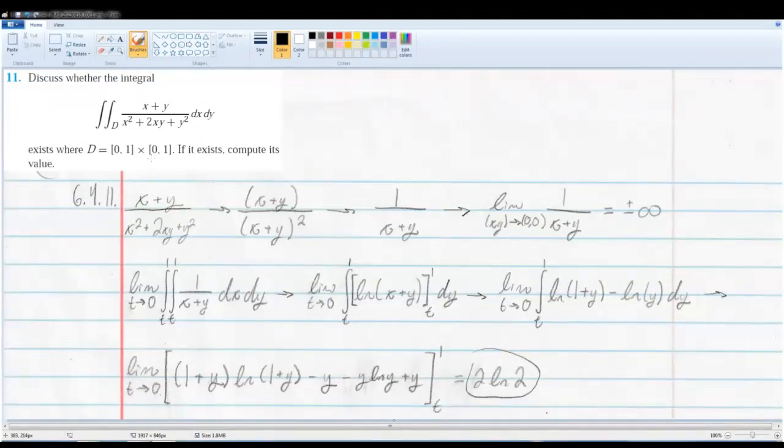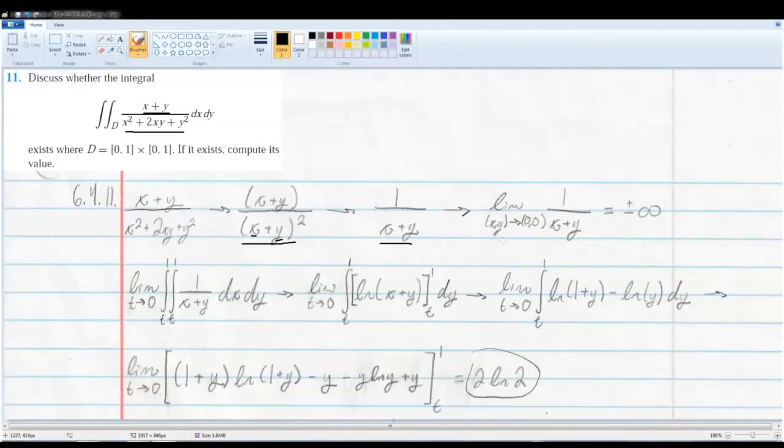The first thing I noticed is that the numerator is x plus y, but the denominator is actually (x plus y) squared, which I simplified over here. So I basically have 1 over x plus y.